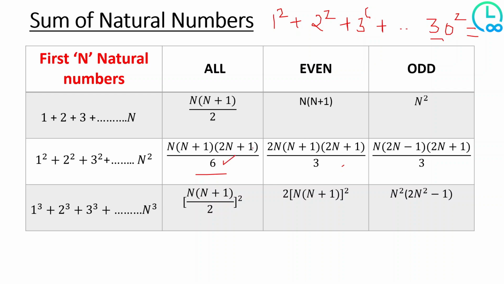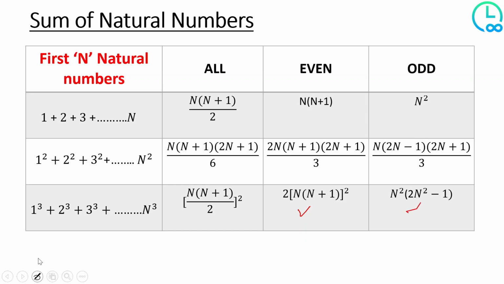You can use this formula. Then this is for the sum of squares of first even natural numbers, and the sum of squares of first odd natural numbers. And the last row is regarding the sum of cubes of first natural numbers, sum of cubes of first even natural numbers, sum of cubes of first odd natural numbers. I hope these 9 formulas are clear.